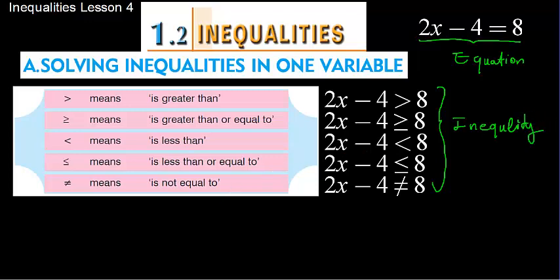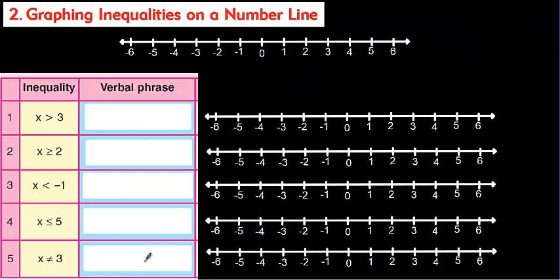Okay, now we are going to try to understand graphing inequality, and of course again I'm going to compare with the equation. So 2x minus 4, when we say it's equal to 8, 2x will be equal to 8 plus 4. You know how to solve equations.